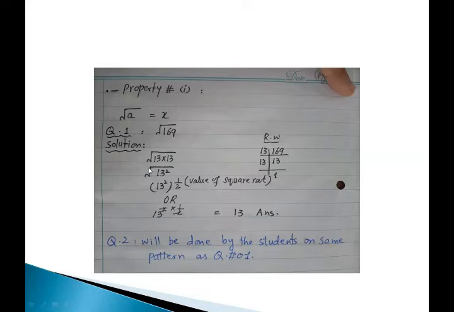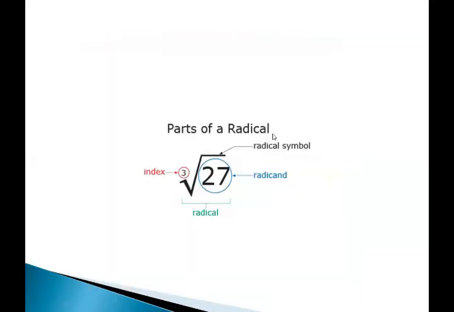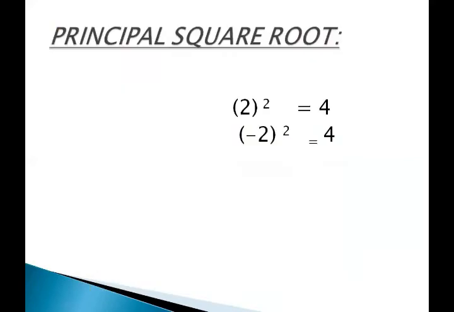What we can do to remove the root is write a half over here. Why would we write half? Let me tell you. If we multiply 2 times 2, it is 4.